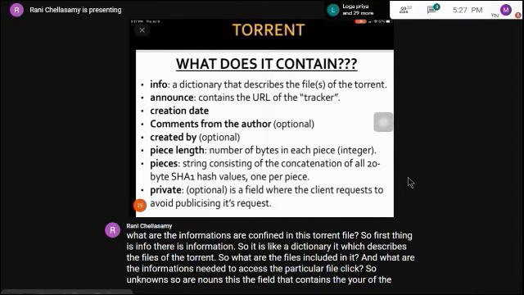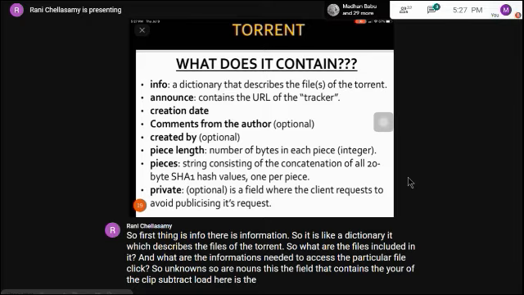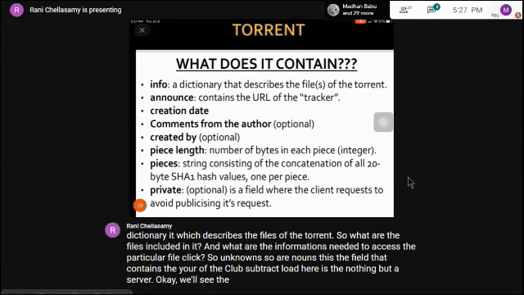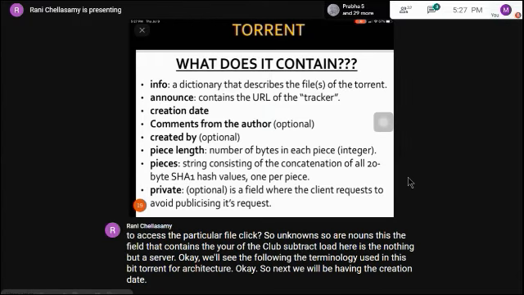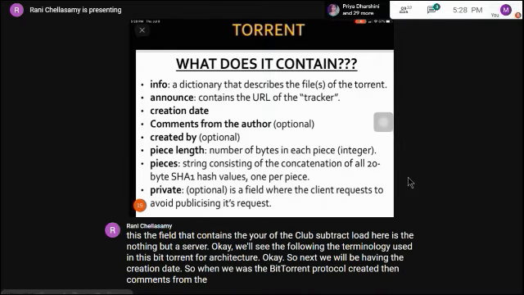The tracker here is nothing but a server. We'll see the following terminology used in this BitTorrent architecture. Next you'll have the creation date, that is, when the torrent was created. Then comments from the author, which is an optional field, and created by, also an optional field.